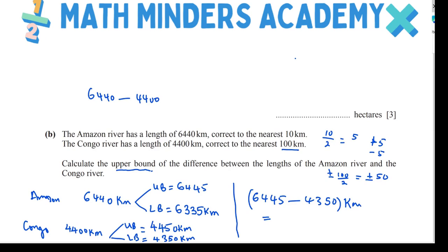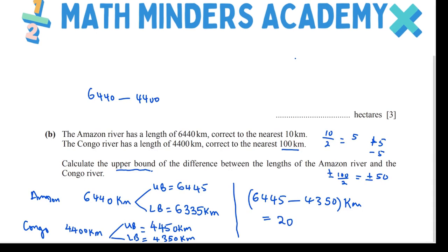So when we look at the difference between these numbers, that is 2,095 kilometers, and that will be our value. We proceed to the next question, that is question number 2.